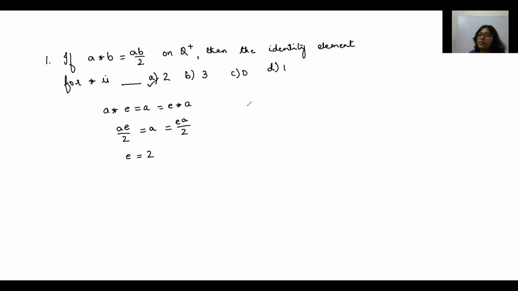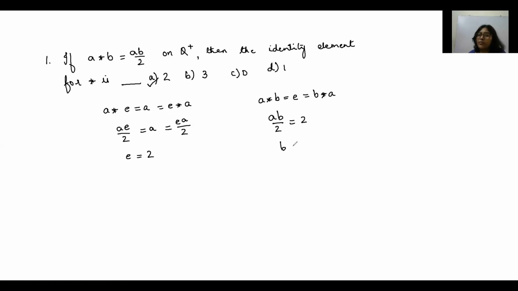Now looking for the inverse of the element. In this question, inverse is not asked, but we are taking up the inverse so that we can generalize and look for shortcut methods from the next question. So B is our inverse element, and we know A star B is AB by 2. Now we have the identity element and we are looking for B, because we have considered A is the element and we are finding its inverse.